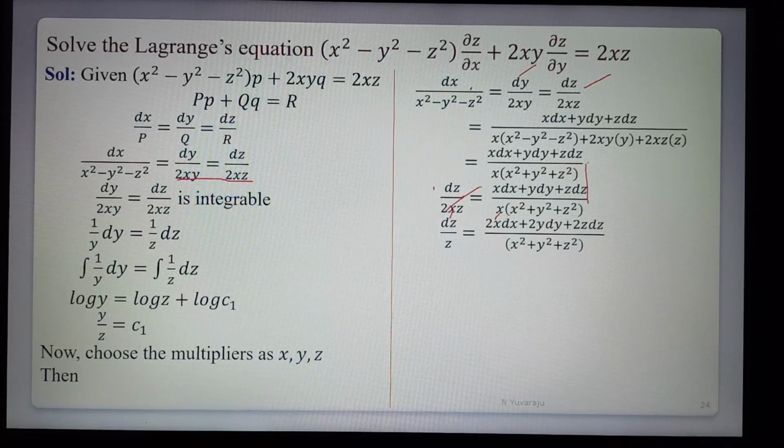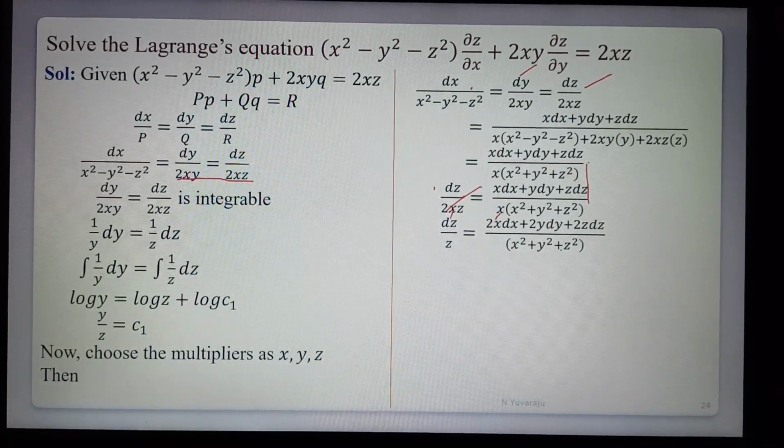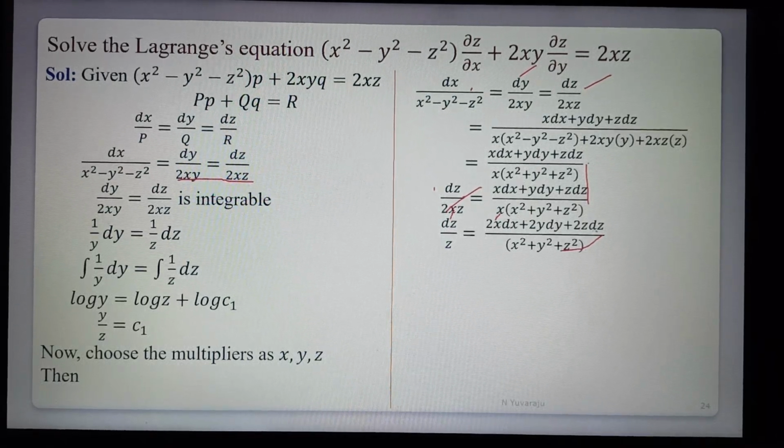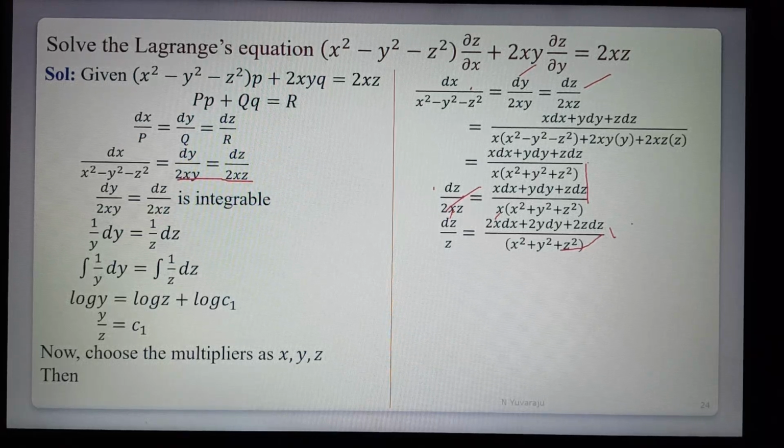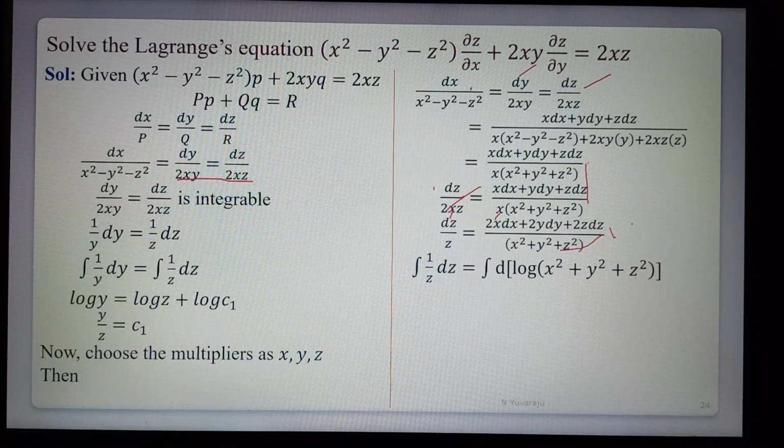Observing the right side part, what form is it? It is f'(x)/f(x), isn't it? The derivative of x² + y² + z² is 2x dx + 2y dy + 2z dz, over x² + y² + z². So f'(x)/f(x) means log f(x), that is, the derivative of log(x² + y² + z²).